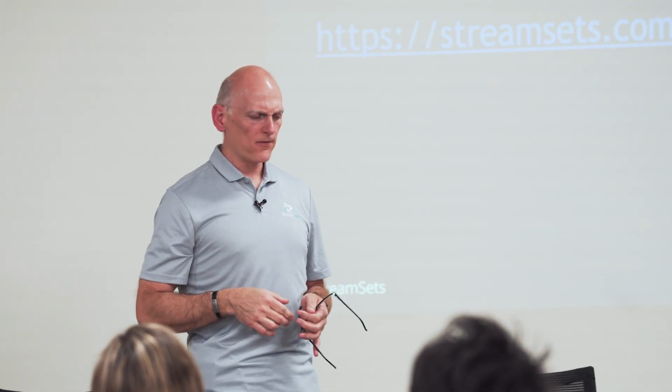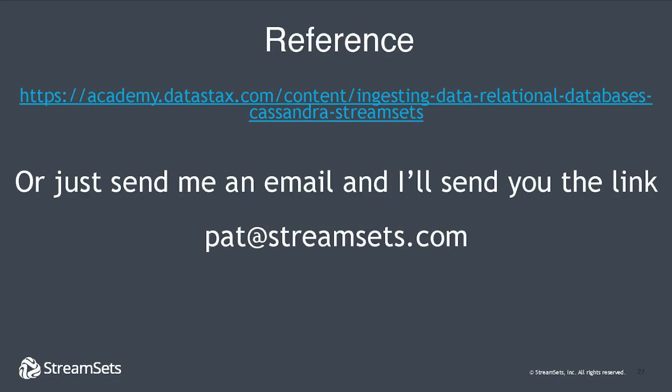We can tail files, we can read files from a directory. As well as Cassandra, we can write to Hadoop, MongoDB, files again, HTTP destinations. I think there are around 40 or 50 different connectors in there. All sorts of fun. And this is all actually in the DataStax Academy.